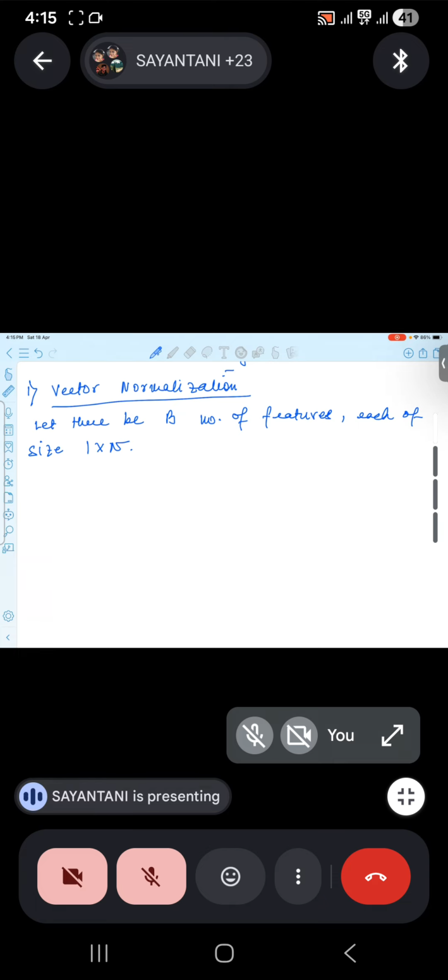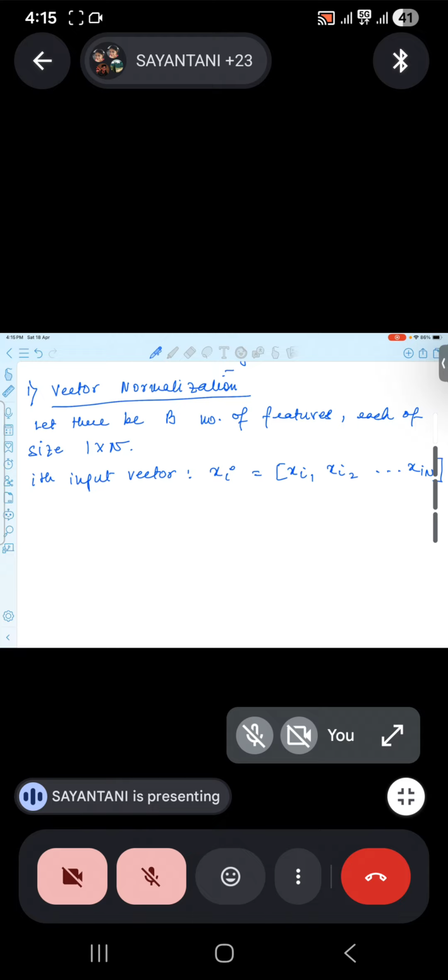This is what you already have, right? So the ith input vector can be denoted as xi, xi1, xi2, xin. So this is basically each of your features is of size 1 cross n. That is only your xi.